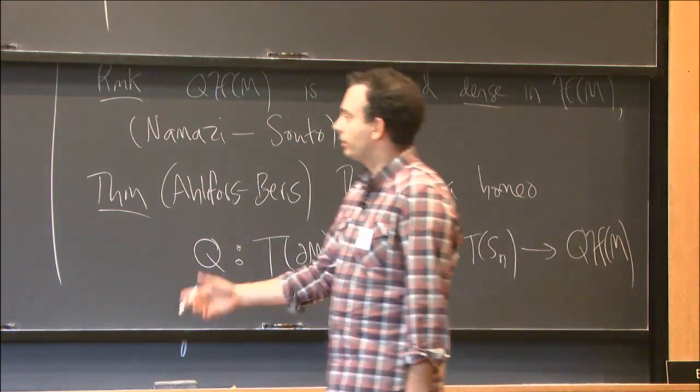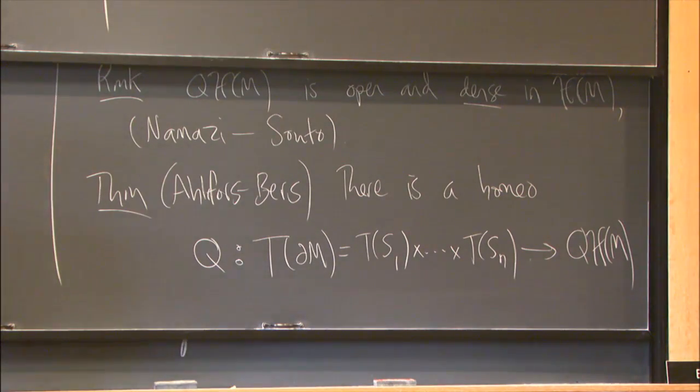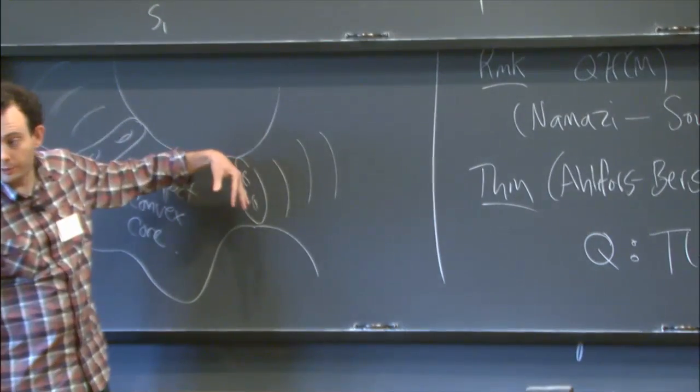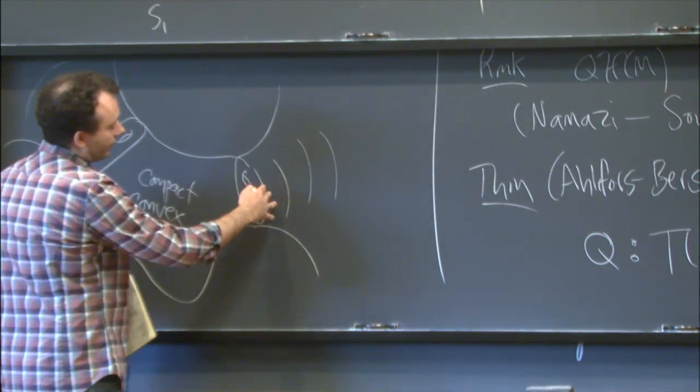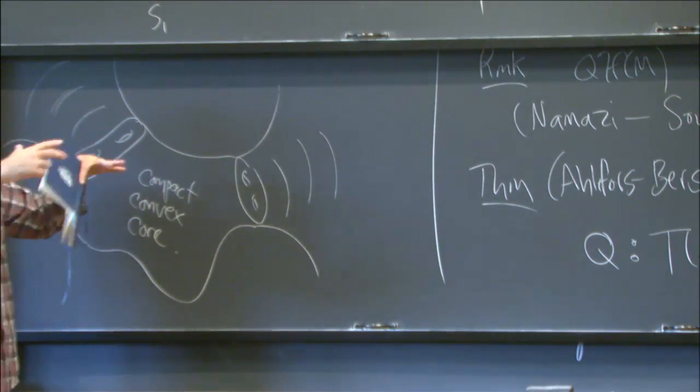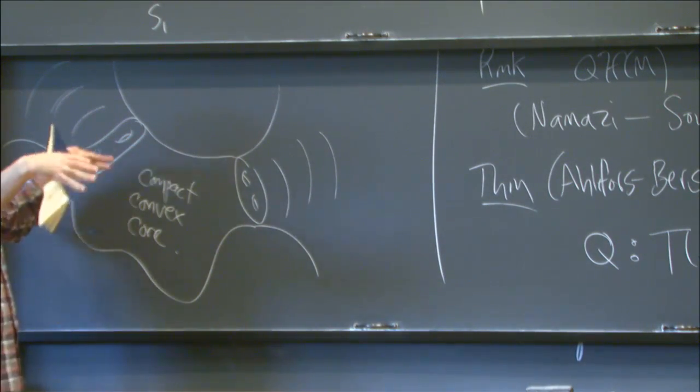So the point behind this is that if I take one of the ends of my manifold, I could look at level surfaces as I go out this end. The metrics are being exponentially distorted, so they're exponentially expanding.